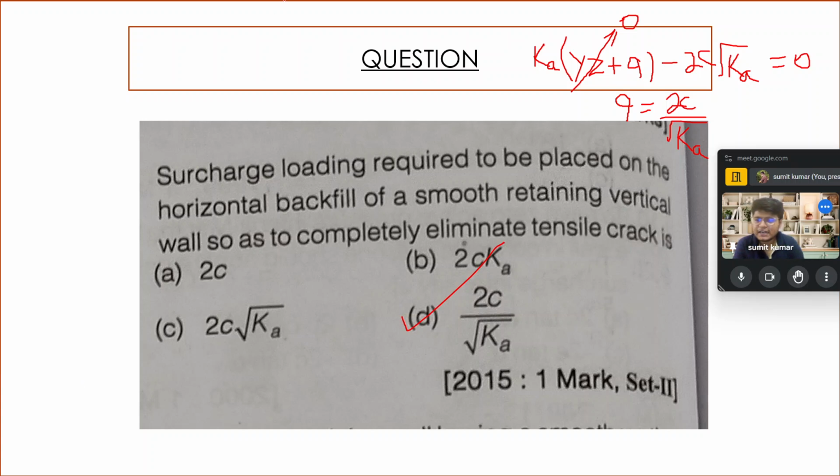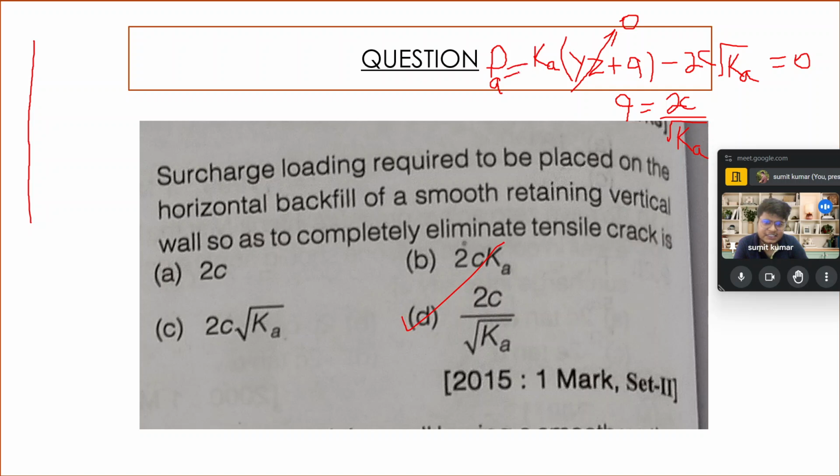This is a specific section, and when we are talking about the tension crack, from this equation, at z equal to 0, this is PA, the active earth pressure at a specific section.